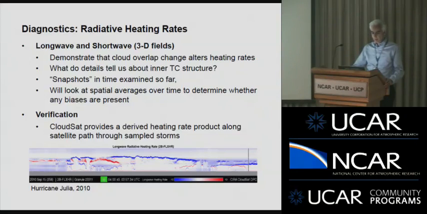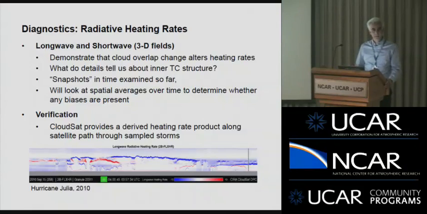Opportunities for verification of radiative heating rates with measurements are very sparse, as I'm sure you know, but I thought I'd mention that the CloudSat instrument does provide a derived heating rate product along the satellite path through storms that just by chance happen to be sampled. So it's not a 3D product by any means. It's kind of hit or miss.